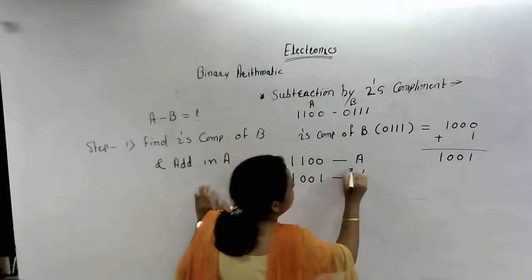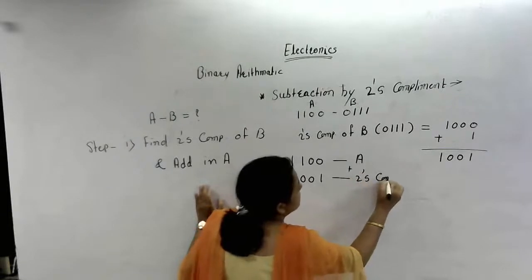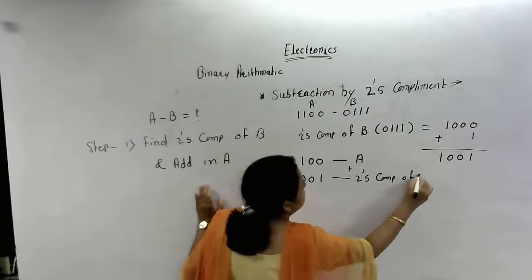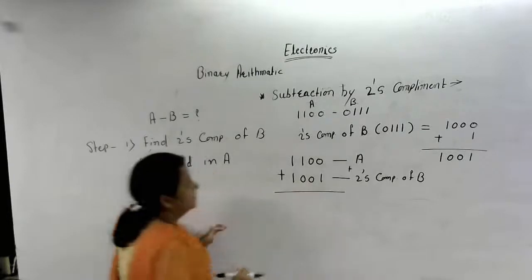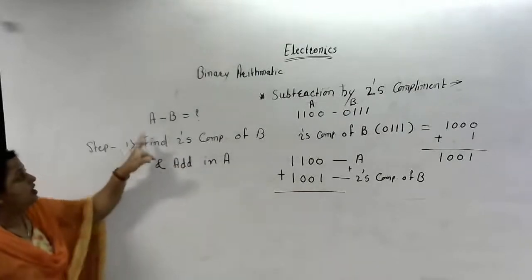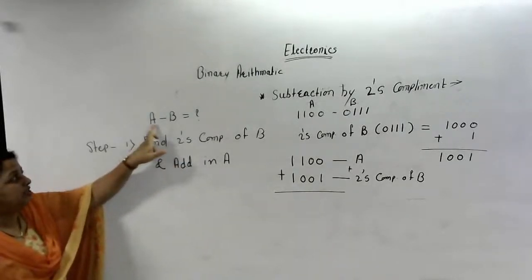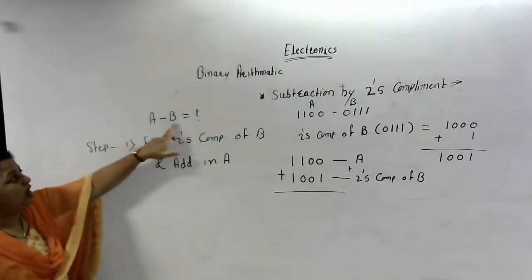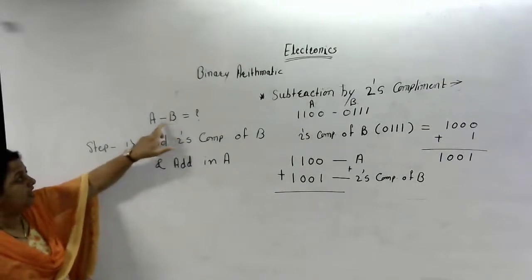So what do you have to write? A plus the 2's complement of B. Do you understand this first step? We want to perform this subtraction A minus B. So how do you convert that subtraction into addition?